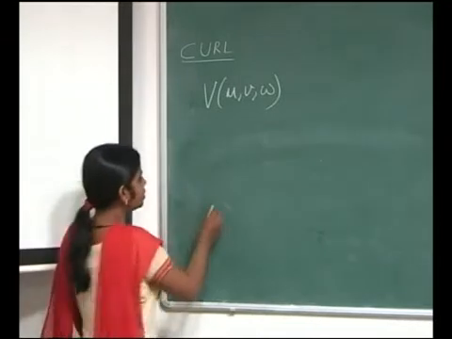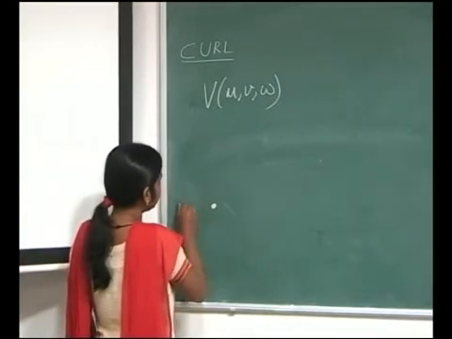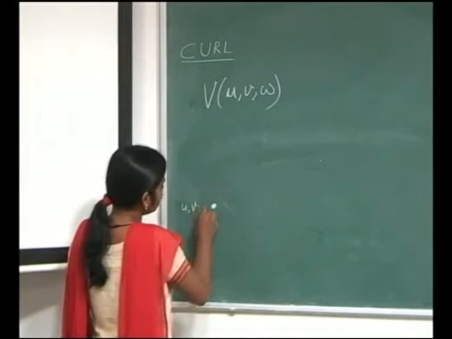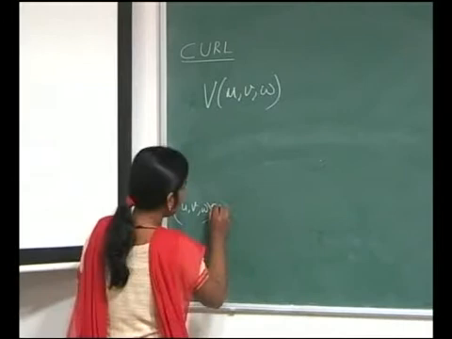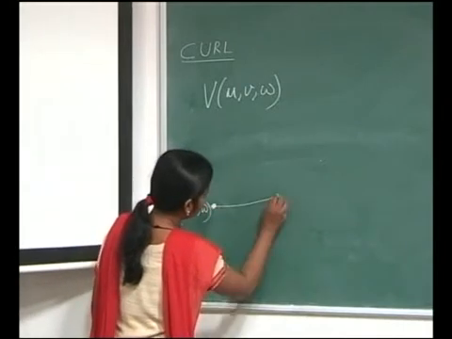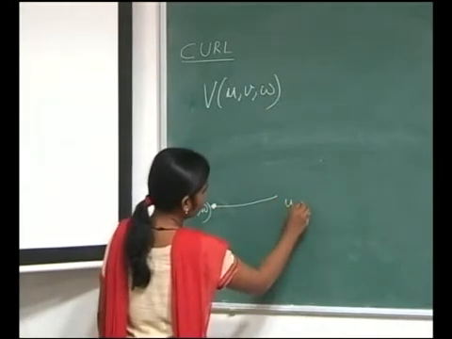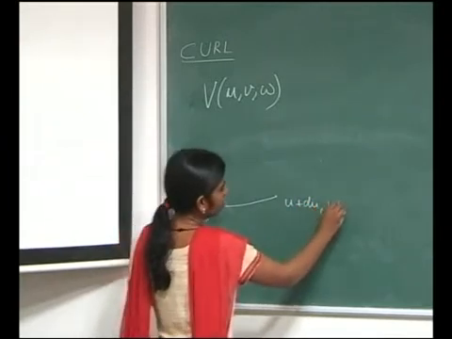So, let me consider an initial point, say u, v and w, and I give it a small displacement along the u direction, and this is, say, u plus du, v and w.